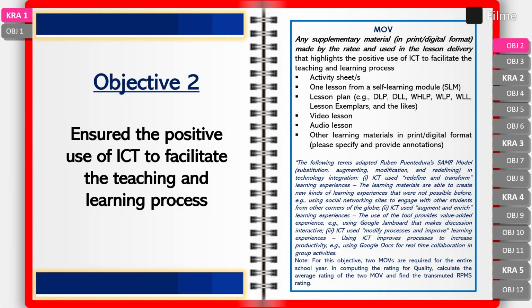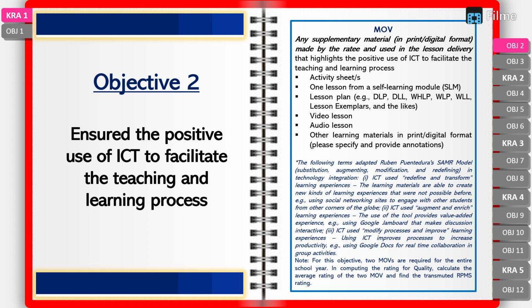Objective 2. Ensured the positive use of ICT to facilitate the teaching and learning process. Ano-ano ang mga MOVs na kailangan as our attachment? Any supplementary material in print or digital format made by the RATI and used in the lesson delivery that highlights the positive use of ICT to facilitate the teaching and learning process.